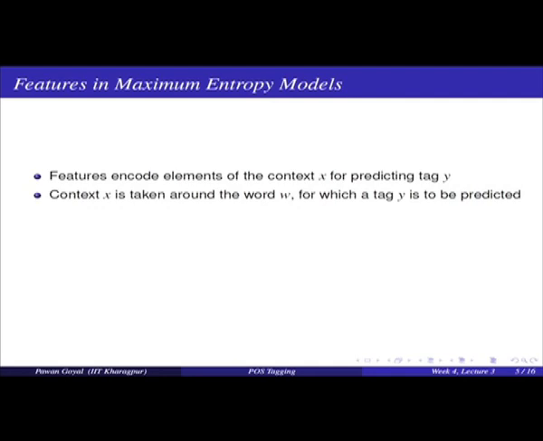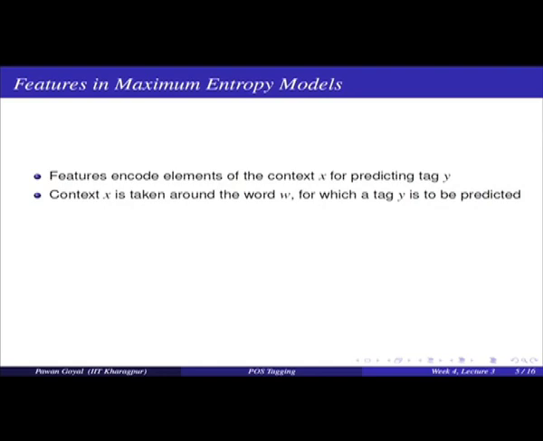Now context x is something that you must be careful about. Context x is not just my current word w, but is taken around the word w. I can define my context. It can be the sentence that contains w, or its previous 3 words and next 3 words. It is something that can be defined on the current word. Okay, and y is the tag that I am predicting.